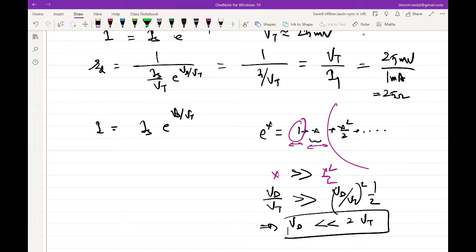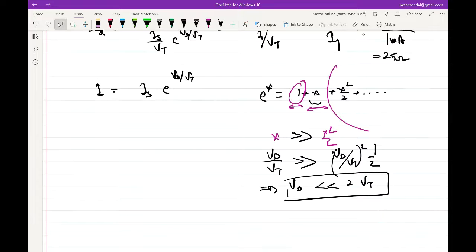This is if we expand e power x around 0. If we expand around the operating point, this Vd will be delta Vd, and Vt will remain Vt. So this will be your condition for expansion around the operating point.